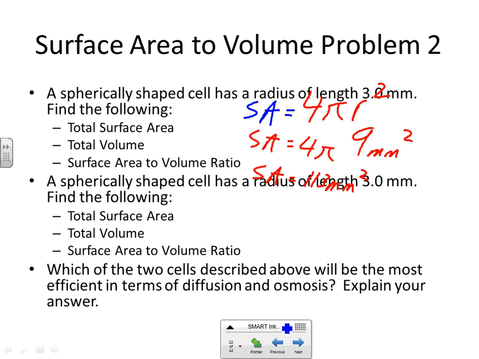All right, so we get a surface area of 113, and the volume of a sphere is 4/3 times pi r cubed. So in this case, you're going to go V equals 4/3 pi times 3 cubed. What's 3 cubed? 27.